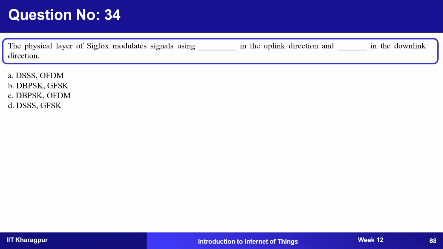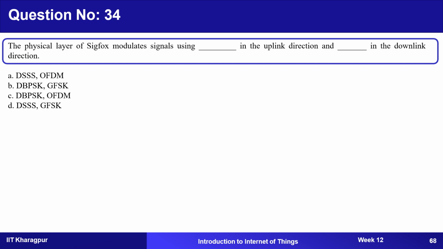Next question is, the physical layer of Sigfox modulates signals using blank in the uplink direction and blank in the downlink direction. Options are DSS OFDM, DBPSK, GFSK, DBPSK OFDM, DSSS, GFSK. DSS, ma'am.